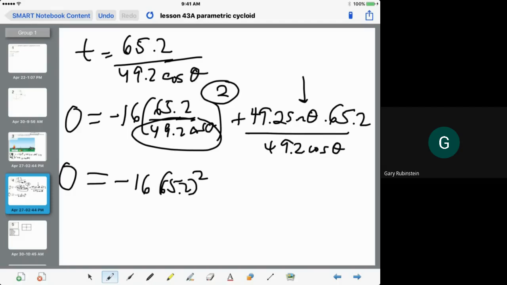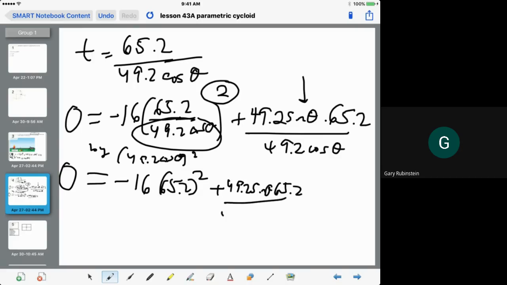So just make a note. I multiplied both sides by 49.2 cosine theta squared. So this first term, you just lose the entire denominator. Now this other term, when you multiply, I'll write it all out first. So it's 49.2 sine theta 65.2.